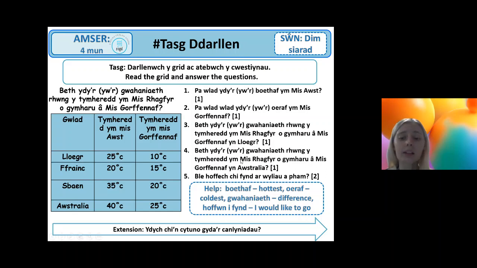Then rhif 4, beth ydy gwahaniaeth rhwng Awst a mis Gorffennaf yn Australia? So you need to work out the temperature difference between August and July in Australia. So you need to take 40, take away 25 degrees.